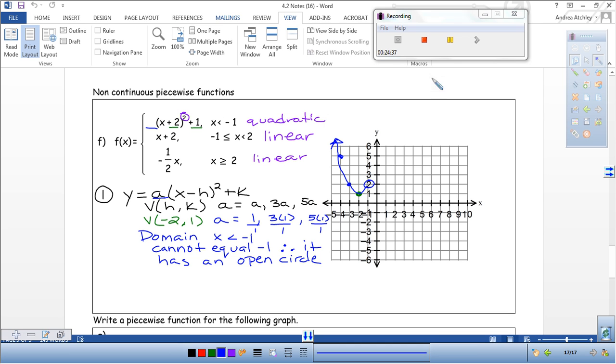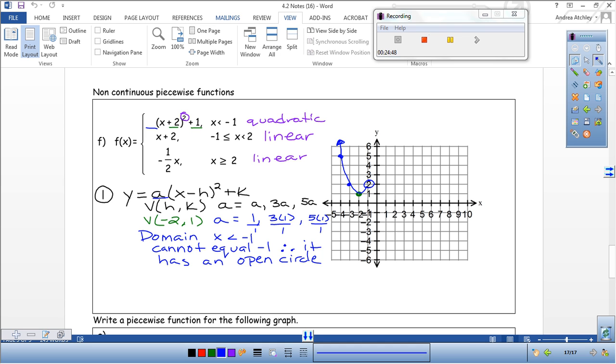I didn't make it very well. Let's try it again. There we go, that's a little bit better. It stops at negative 1 for x and 2 for y. We don't really care about the y value, we care about the x value. Any questions over that?